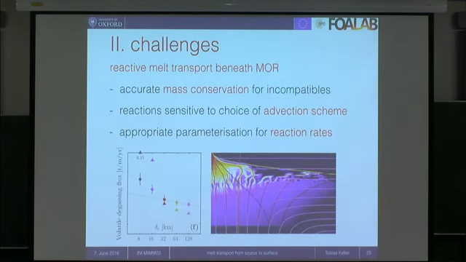Now, interesting for anyone in the room that has to do with implementing better numerical schemes, or if there are mathematicians around who are interested in thinking about these problems from a technical point of view, there are some very strong challenges associated with these models. One of them, and I think that's one of the most critical ones to get right, is accurate mass conservation.